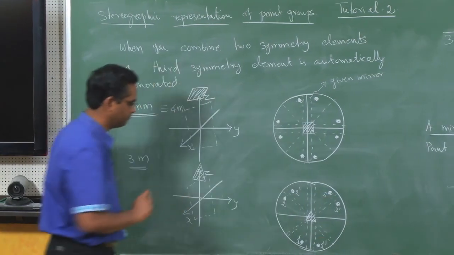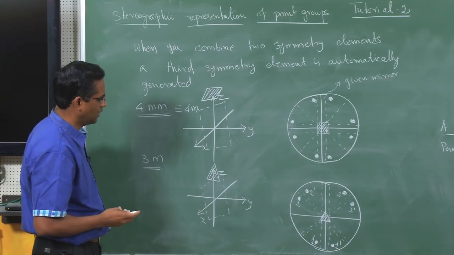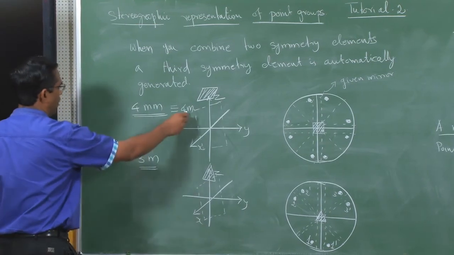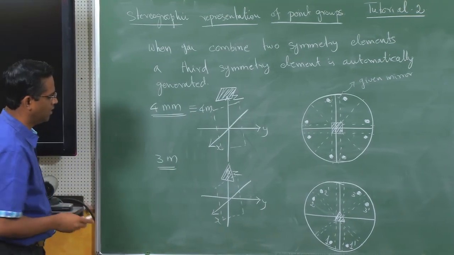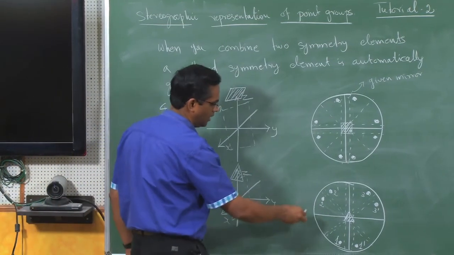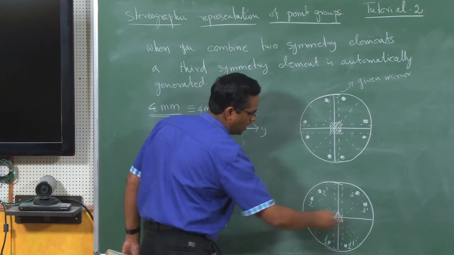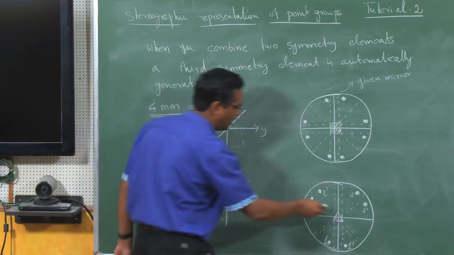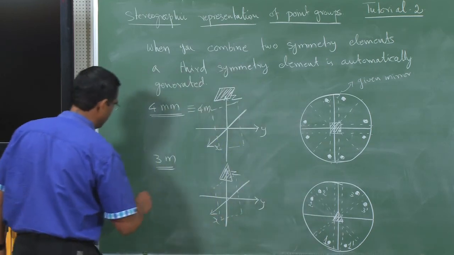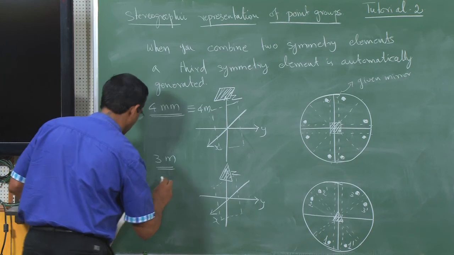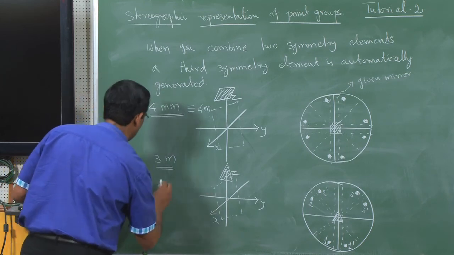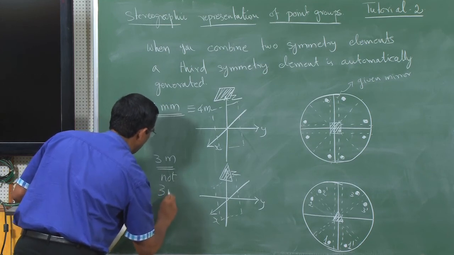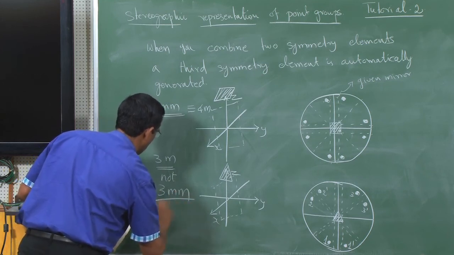So, when you say 4m is equal to 4mm, you cannot say the same here, because it is not producing a perpendicular mirror plane, but there is an angle between the mirrors. So, 3m is not equivalent to 3mm.